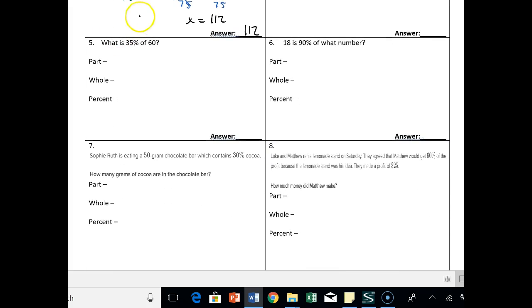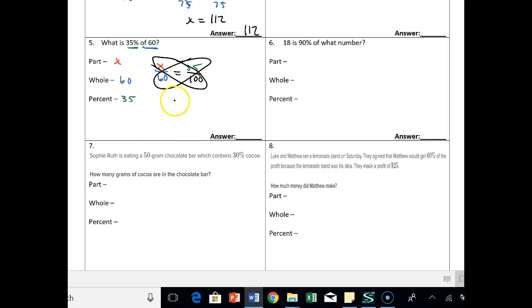What is 35% of 60? So I'm given my percentage, even though it says is, it's got a percent sign, so it's always my percent. And then the of 60, that's my whole, so I'm missing my part. So x over 60 equals 35 over 100. Cross multiply.